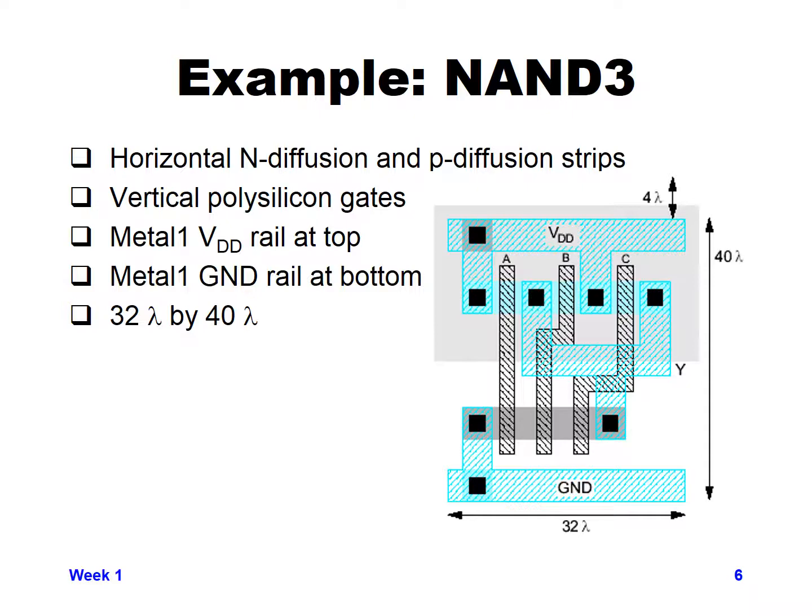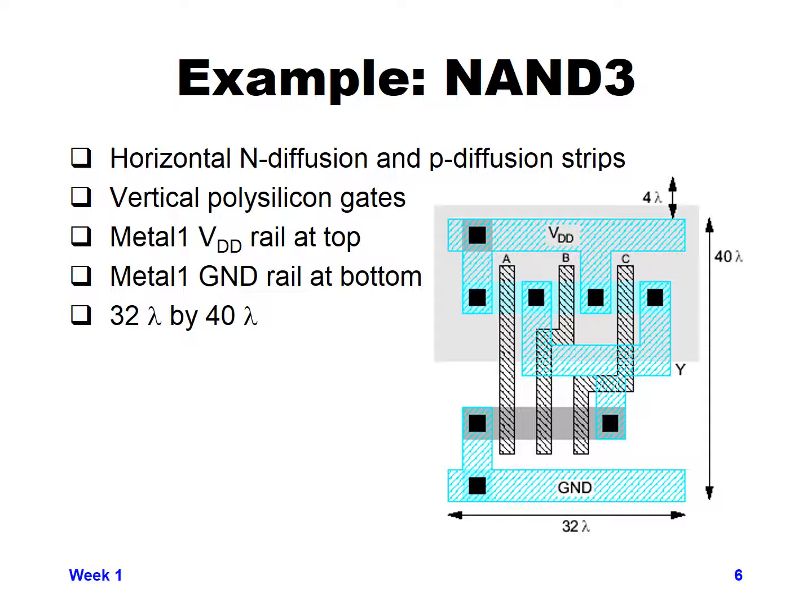The minimum vertical distance will be basically your P plus diffusion for your PMOS. The contact, in this case the well contact, has to be a certain distance away from the P plus. You need the N plus, and then you need the N well to overlap on the N plus side on the top. You need the N well to overlap the P plus PMOS device on the bottom by whatever distance the DRC requires.